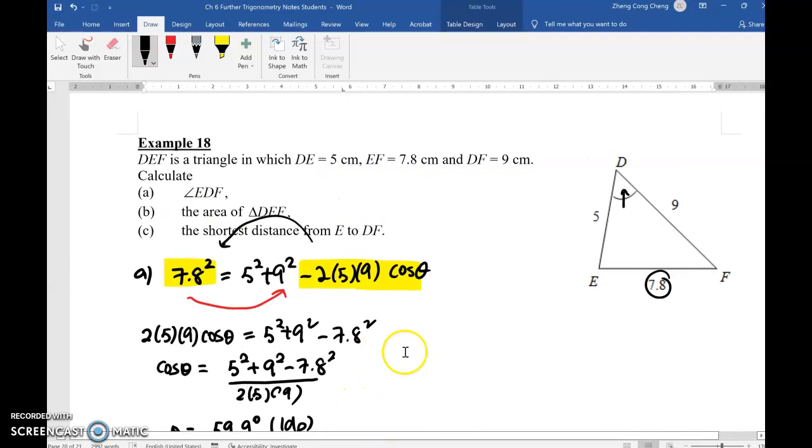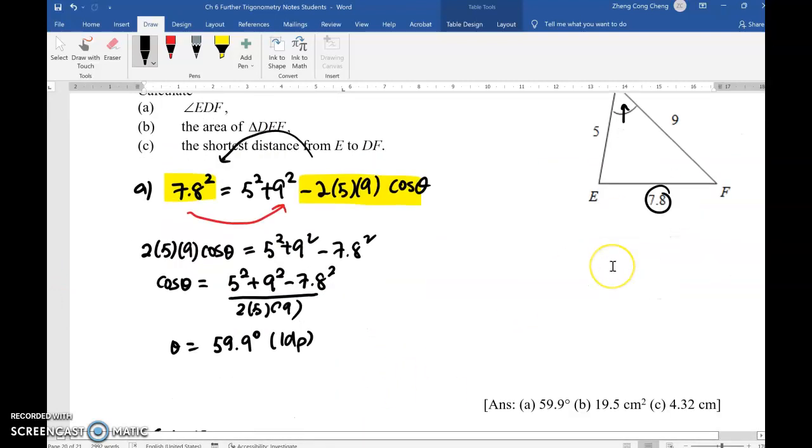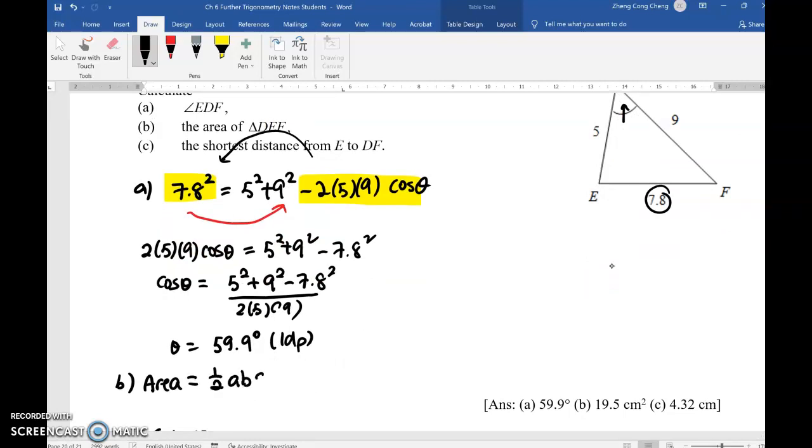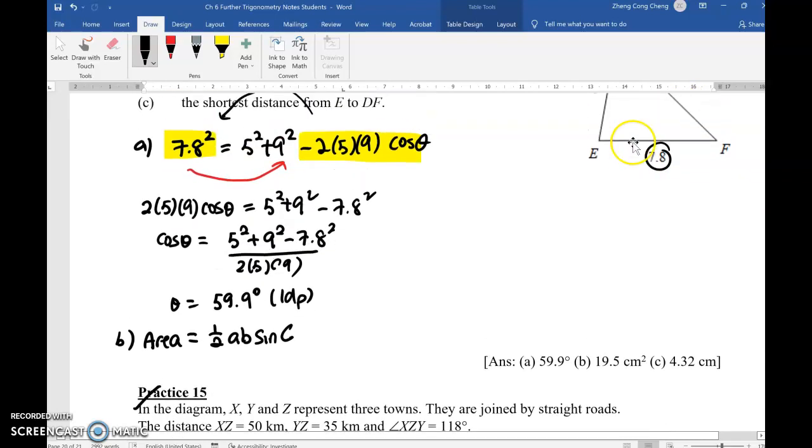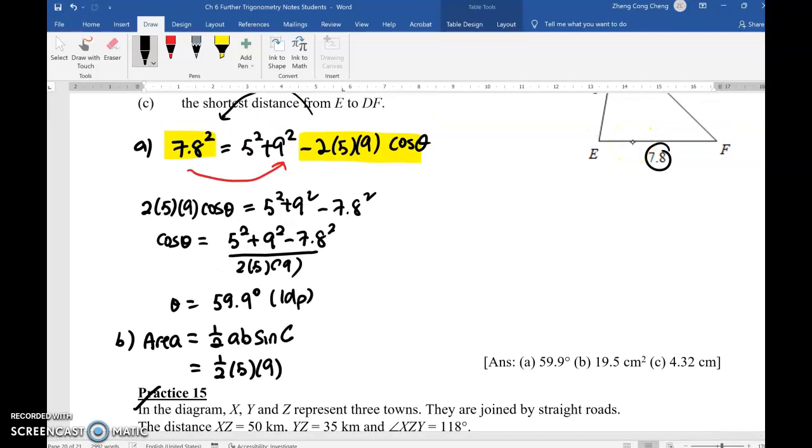Find the area of triangle DEF. So remember our formula, area is half ab sine C. So we have to use the two sides that are beside the angle, and the angle in between. So half times 5 times 9 sine 59.882.